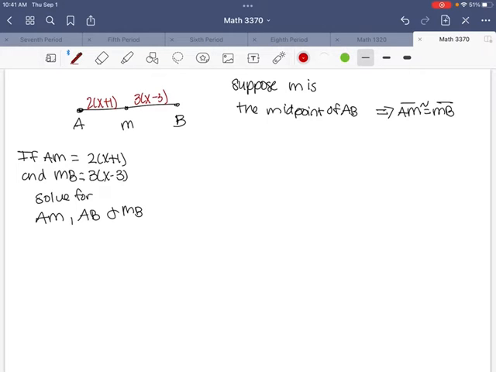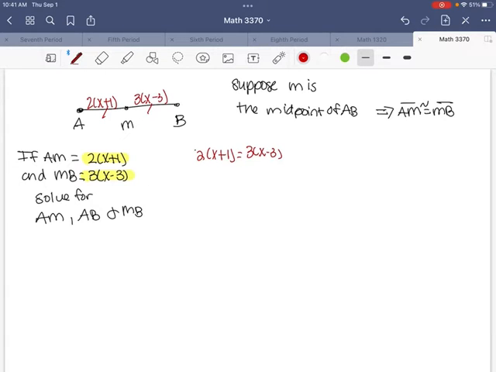So from here, we need to figure out what is the relationship between this expression and this expression. The midpoint formula tells us that this side is equal to this side if we know M is the midpoint. So since they're equal, we can simply set them equal to each other and algebraically solve for x.